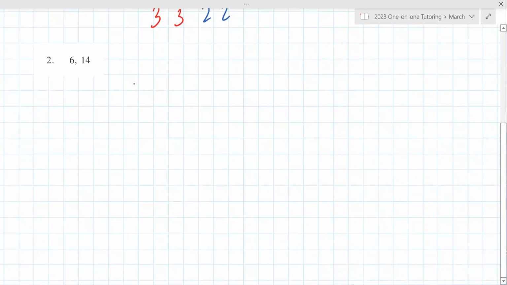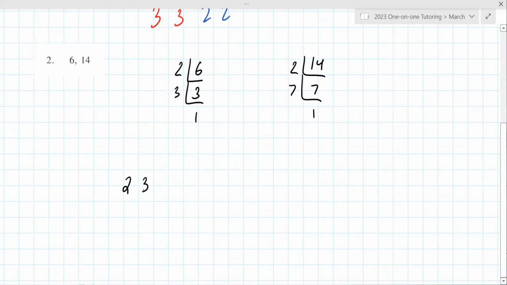All right. So let's look at 6 here. 2, then there's a 3, so 2 and 3, 14, 2 and 7. So we know that it's got to have a 2 and a 3 in it. The other one has a 2 already, and that means it's missing a 7.